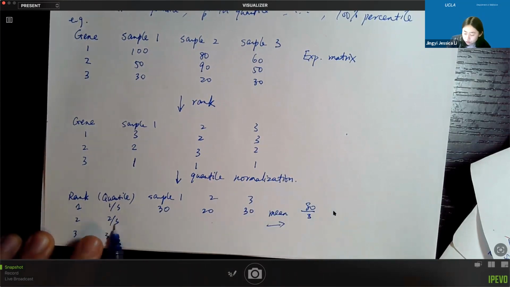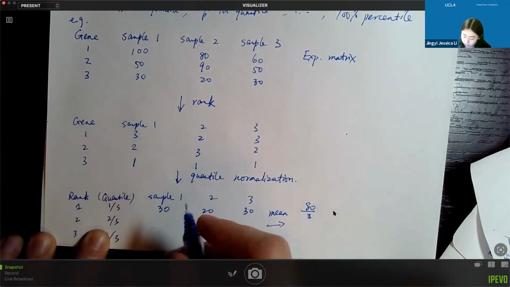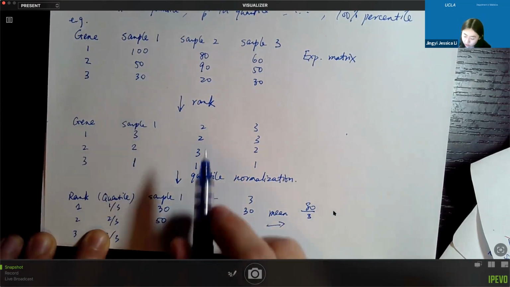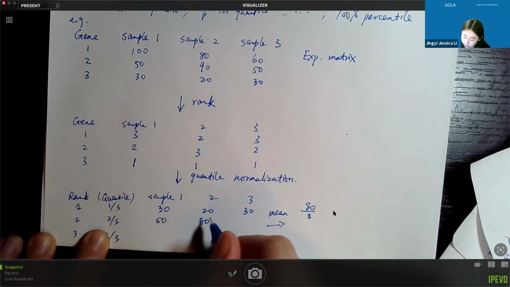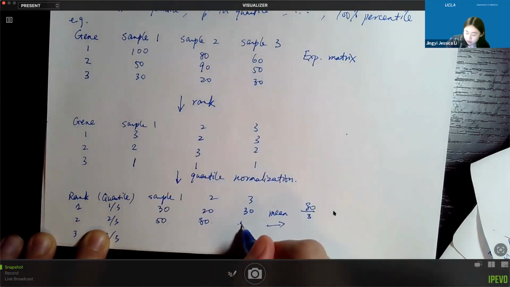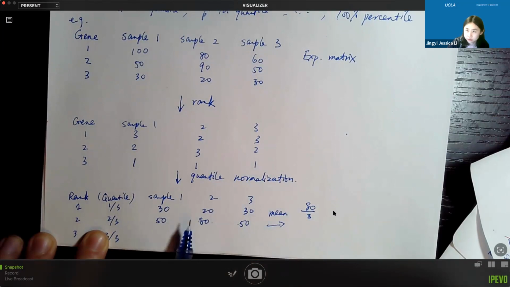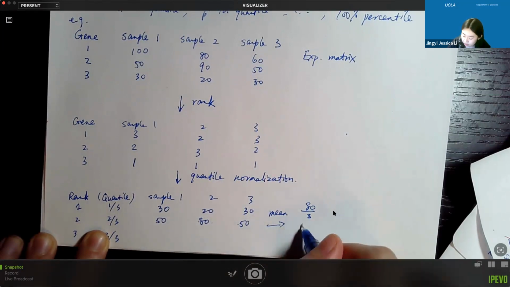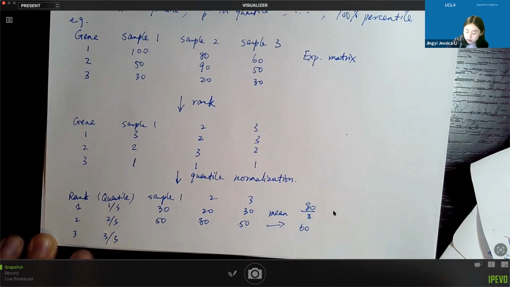For the 2/3 quantile, in sample 1, it's 50. Sample 2, 80. Sample 3, 50. I want to calculate the average of those 3. So it's 180 divided by 3, that's 60. And finally, for the 100 percentile, in sample 1, it's 100.